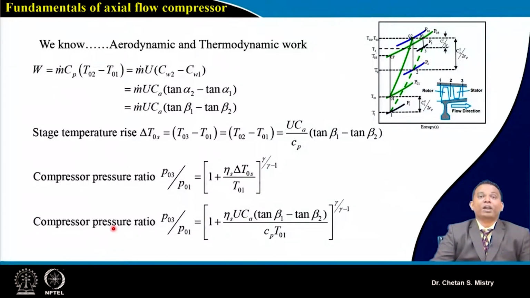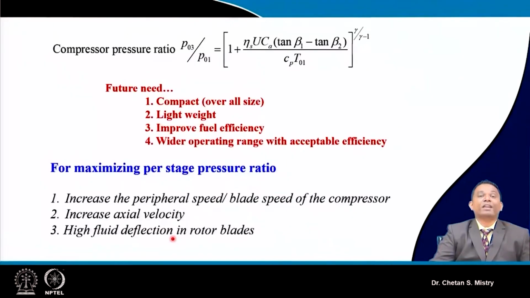Overall, this is the formula, which we discussed during our second week sessions. So the compression ratio for the axial flow compressor is a function of efficiency, peripheral speed, axial velocity, and beta 1 and beta 2, which we can represent as delta beta. It is the deflection angle, or the change in the blade angles.